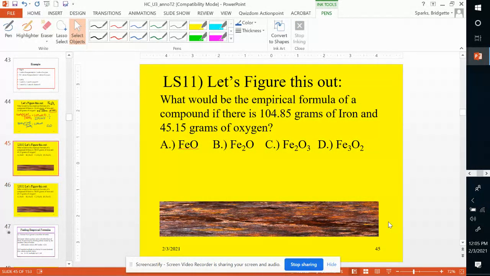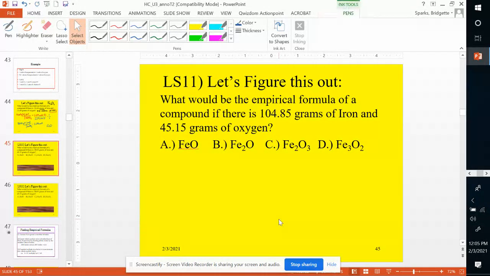If we're looking at another sample of iron combining with oxygen, in this case, again, we're asked to find the empirical formula. And so we take our grams of iron, for every 1 mole of iron, we just saw that it's 55.85 grams.